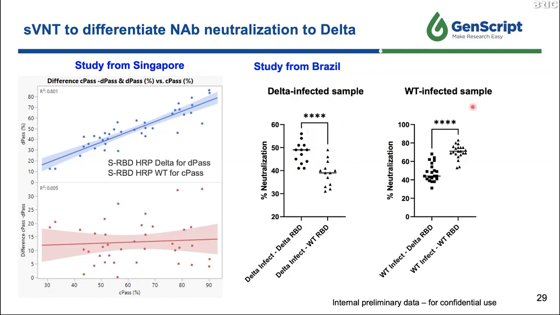While for the wild type infected sample, its neutralization against the wild type is higher. So this means that using this method, we are really able to differentiate the delta and wild type neutralization antibody response, right?